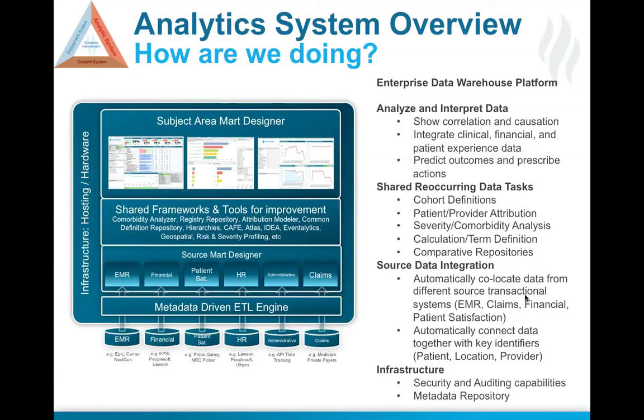So those are all tasks, regardless of what we're working on, we'll have to do over and over again. And so this kind of an infrastructure is what we would consider an analytics system, which really helps us measure how we're doing. And so we'll talk about each of those areas.